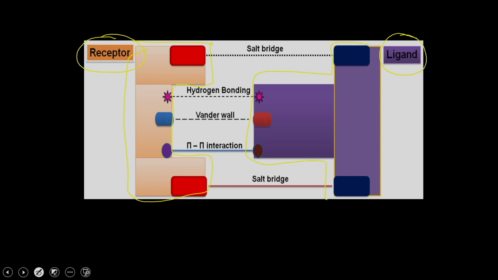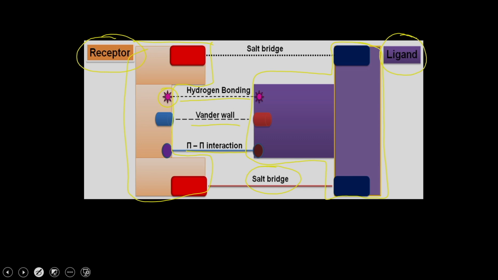So, this ligand is going to fit into this receptor, and then you have other kinds of interactions like hydrogen bonding, van der Waals or pi-pi interactions, and in some cases you may have salt bridge interactions between the receptor and the ligand.